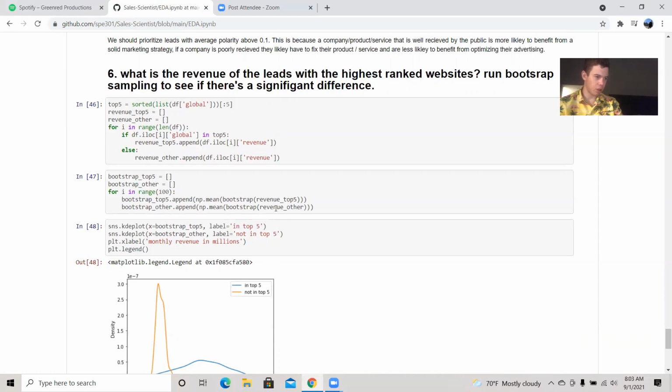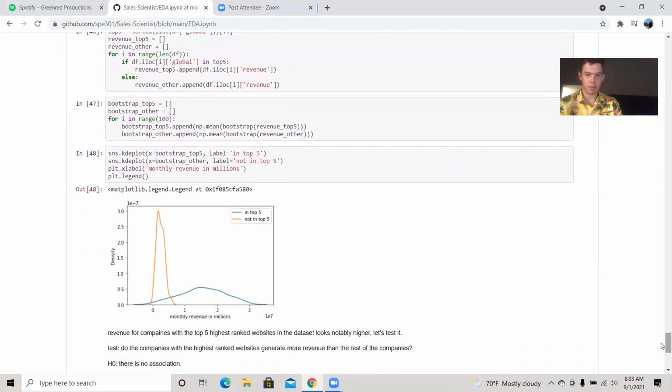So looking at it, I did some bootstrap sampling, because this is a very tiny sample. Bootstrap sampling is where you resample your own data at random to create artificially larger samples to run statistical tests on.